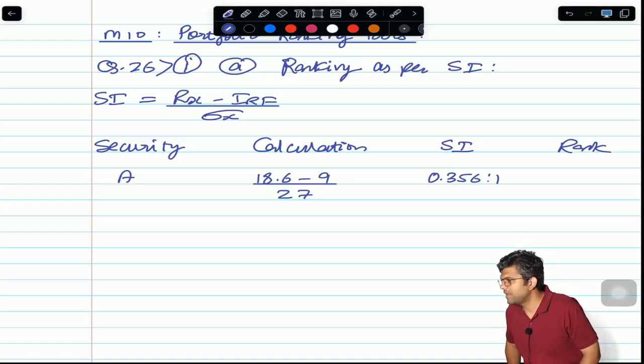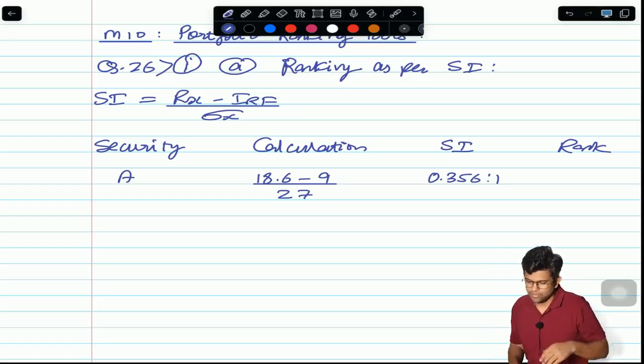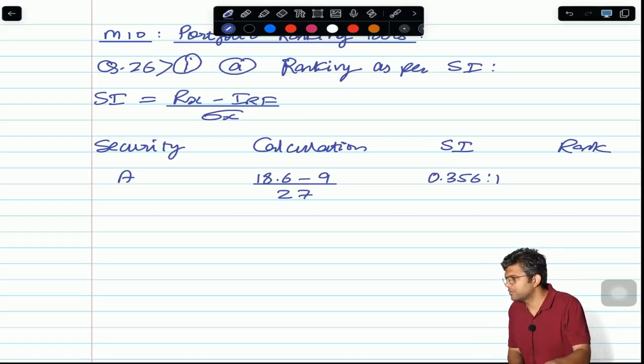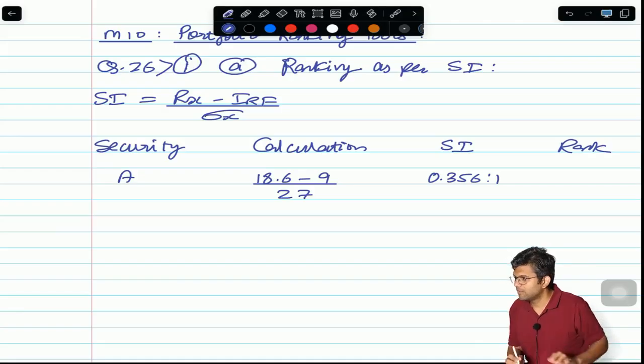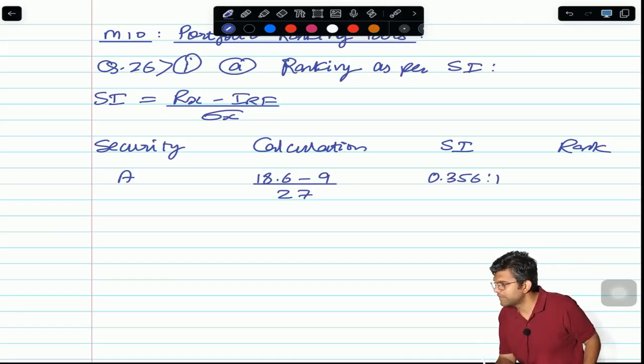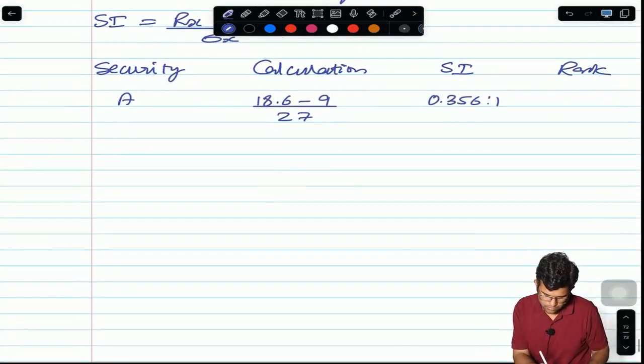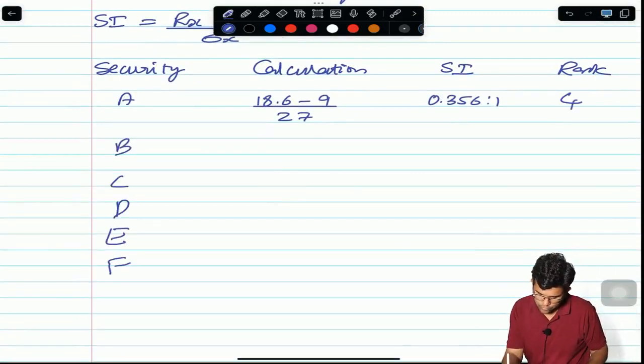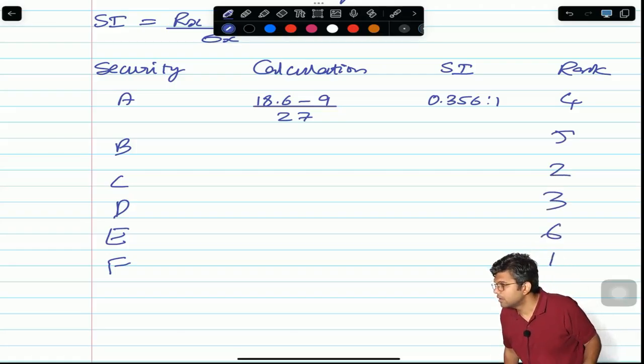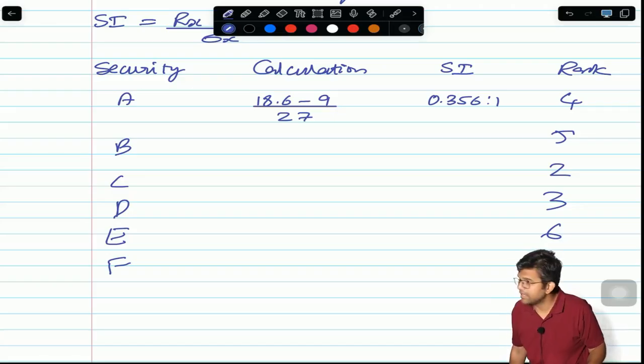Ranks cannot be F, C, D, A, B, E. It has to be 1, 2, 3, 4, 5, something like that you should give. 4, 5, 2, 3, 6, 1. Just check if that F, C, D, A, B, E is tallying with this. I think it is tallying. Yes, same thing.